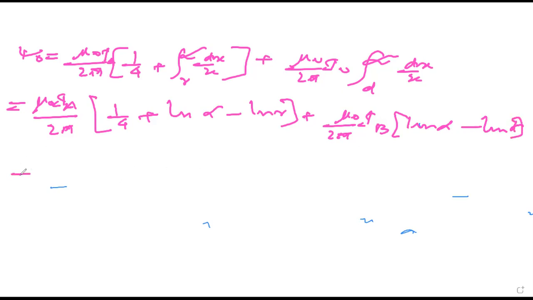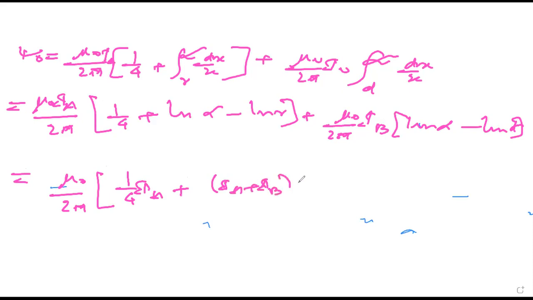So this will be equal to mu naught by 2 pi, 1 by 4 into Ia, plus, taking mu naught by 2 pi common, Ia plus IB into ln infinity, minus Ia into ln r, minus IB into ln d.